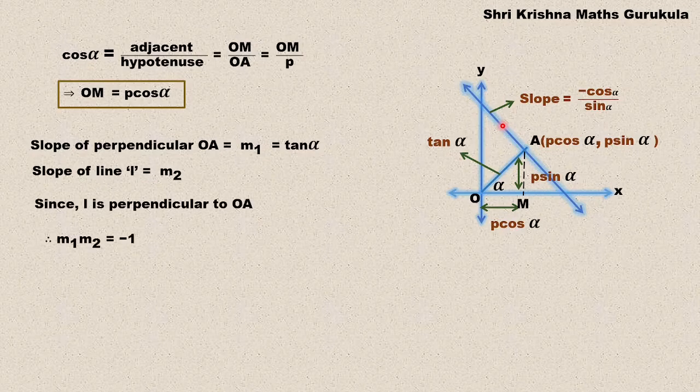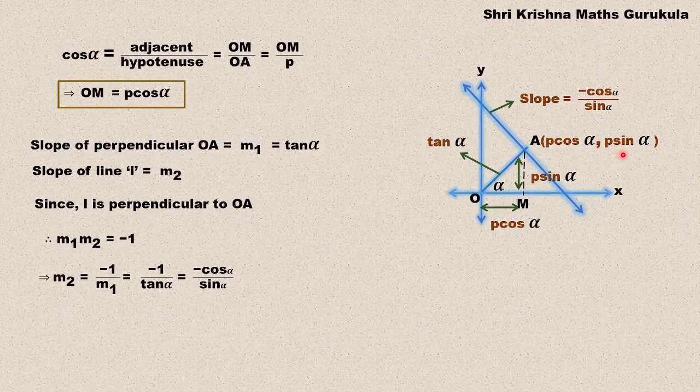If any two lines are perpendicular to each other, then the product of their slopes will be equal to -1. This is a very important condition which you already know. So I am going to use this concept to find the slope of the line L. So the slope of the line L, M2, will be equal to -1 by M1. Because we already know M1, we can write this as -1 by tan alpha.